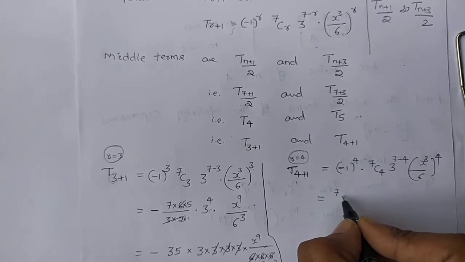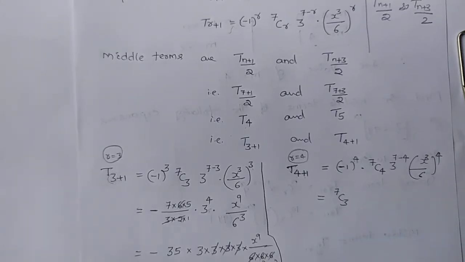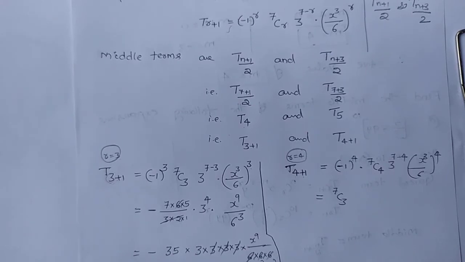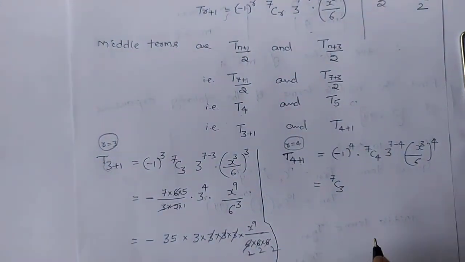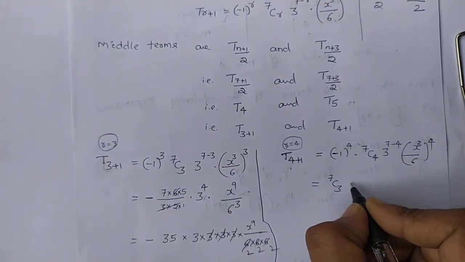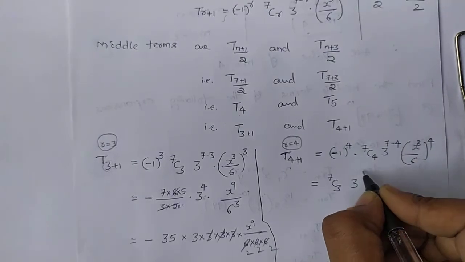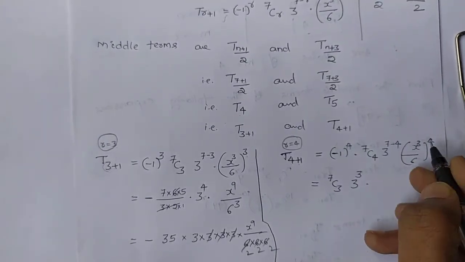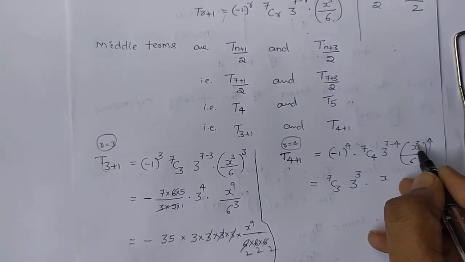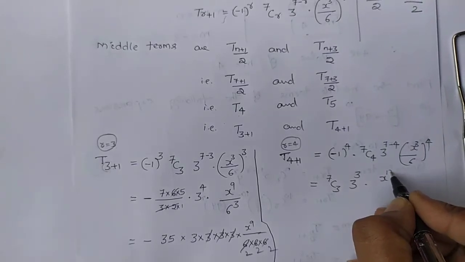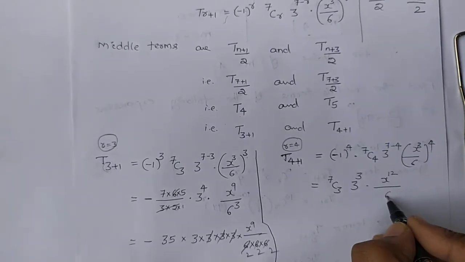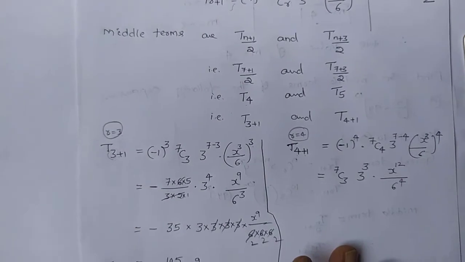7C4 can also be written as 7C3 by using the nCr formula, nCr equals nC(n minus r). 3 power 7 minus 4 is 3 cube, into x power 3 into 4 is 12, divided by 6 power 4.